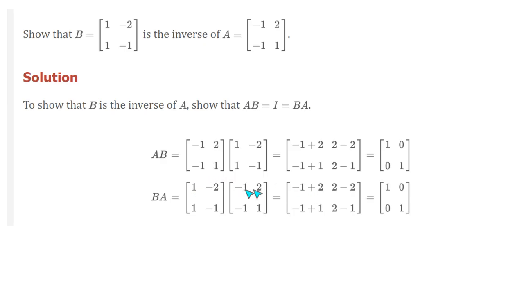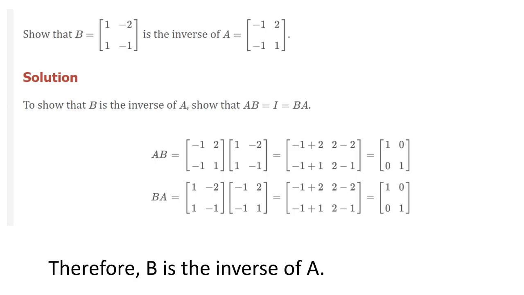And then this row times the second column, we get 2 minus 2, and so on. And you can see here, we're still going to get that identity matrix. So since they both give us the identity matrix, then we can say that B is the inverse of A. Okay, so that's how we would check if one matrix is the inverse of another by multiplying.